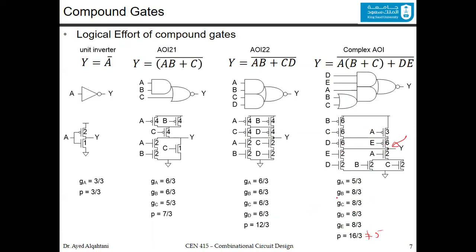If not, draw the circuit, do the proper sizing, and then look at the output node. Look at the output capacitance from the output node, count where it's connected, calculate the sizes, divide by 3 to get the parasitic. So as you can see, up to this point, we are revising what we learned in the previous videos.